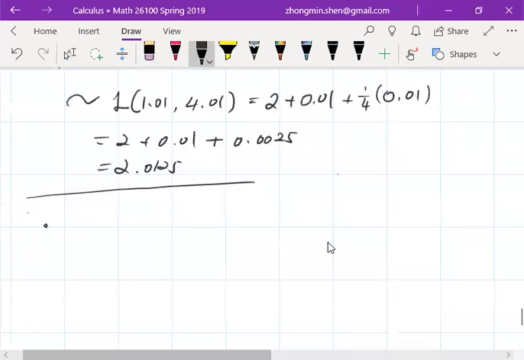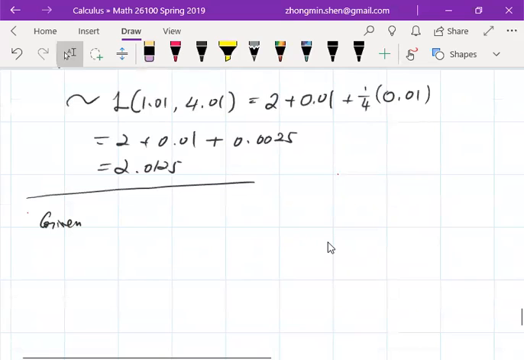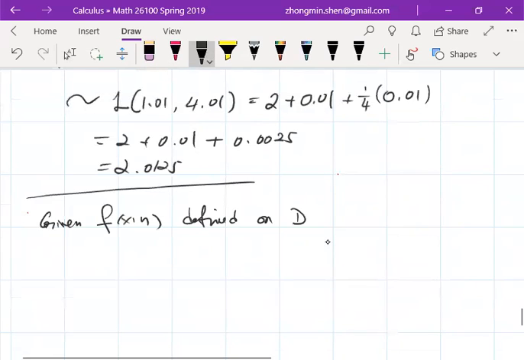Okay, so given a function f, okay, defined on a domain D, and this is a point inside D, okay.